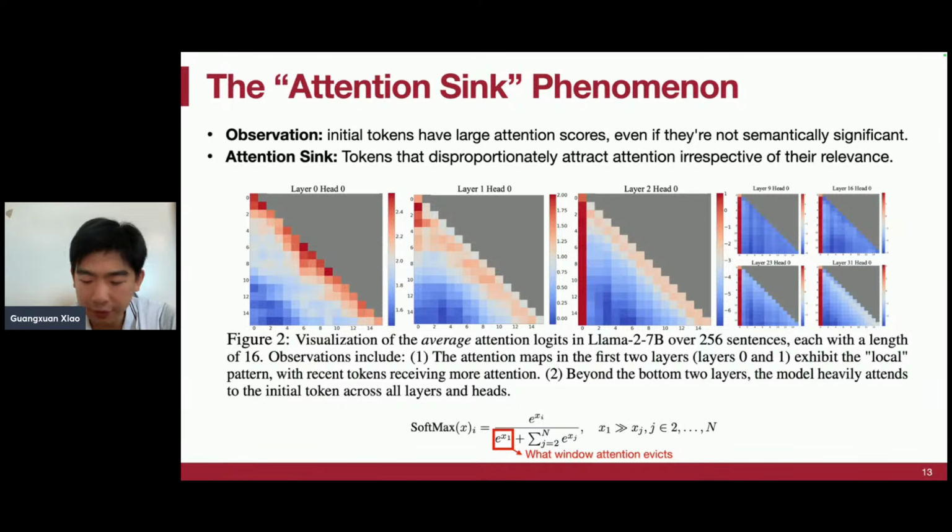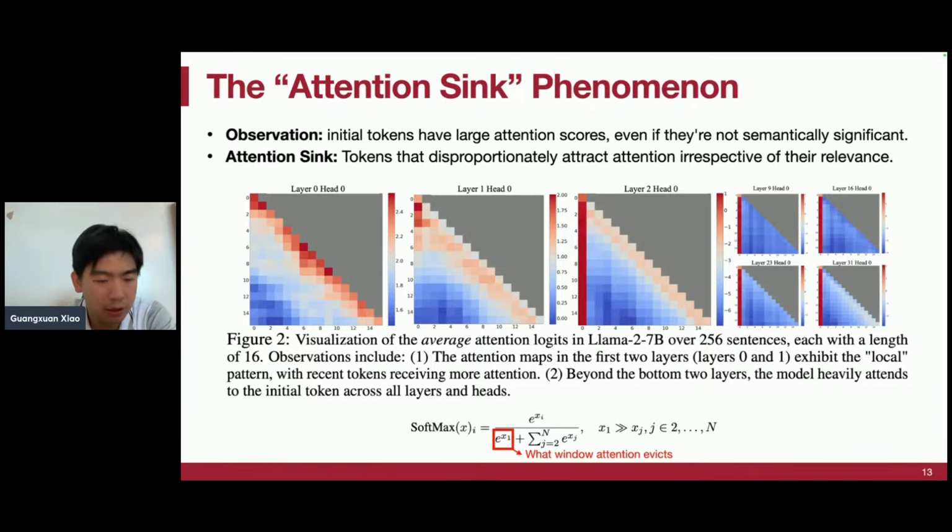So let's delve into why window attention fails and why evicting the first few tokens is so important to the model. We visualize the attention matrix within the model, and we see the attention sink phenomenon. The observation is that the initial tokens have very large attention scores, even if they are not semantically significant.